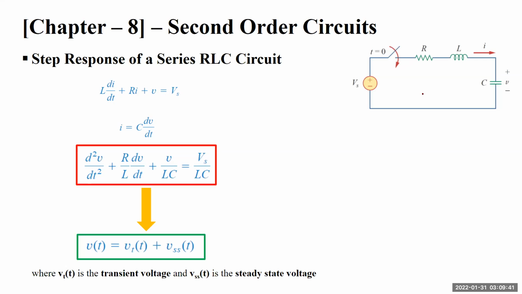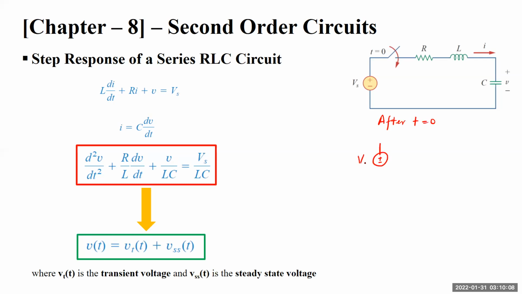So first of all, we have a series RLC circuit. We have some initial voltage. We have the capacitor, and the voltage across the capacitor is given as V. The current flowing in this branch is given as I. At time t equals 0, the switch closes, and after time t equals 0, the circuit looks something like this.